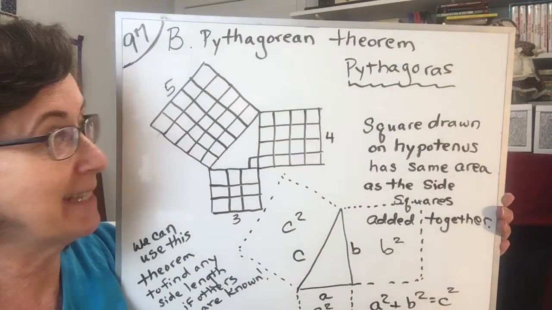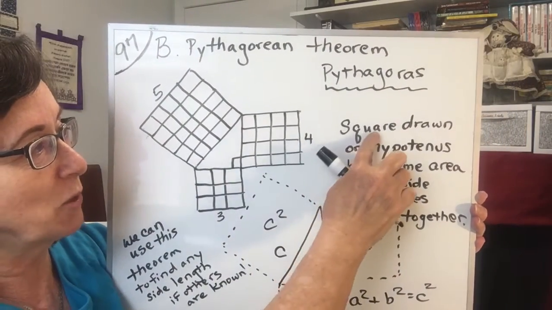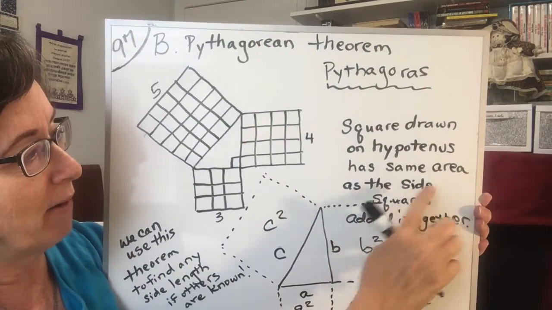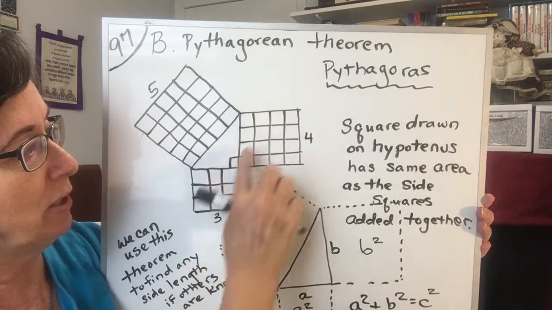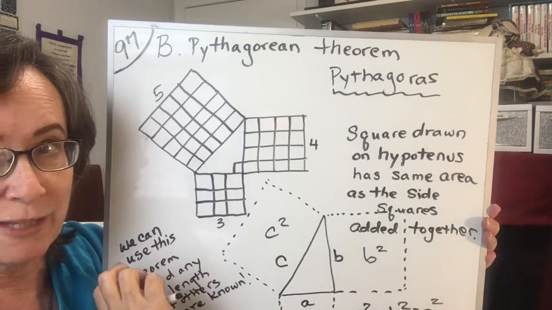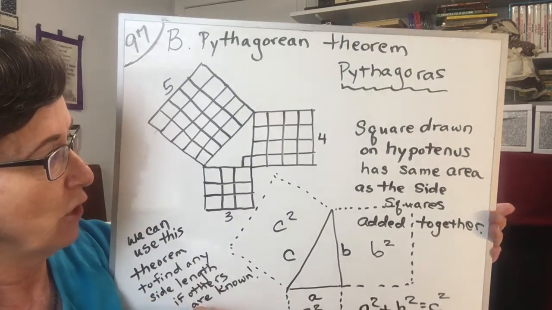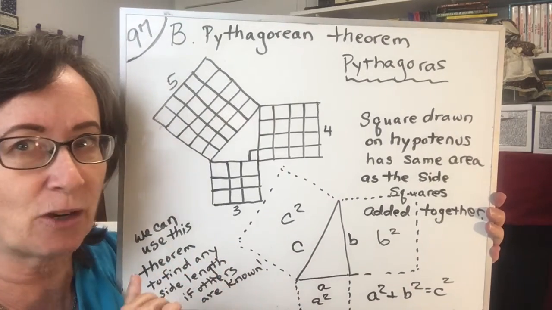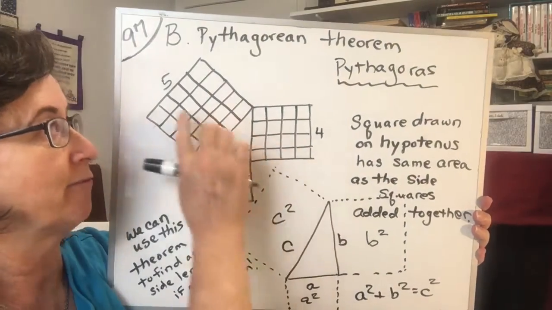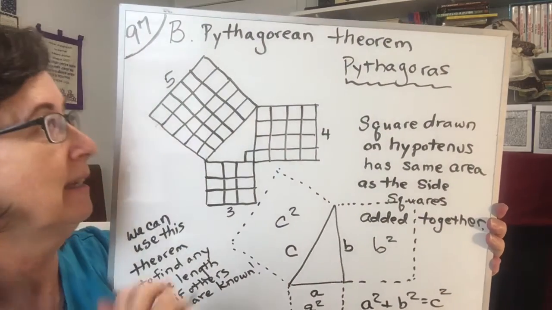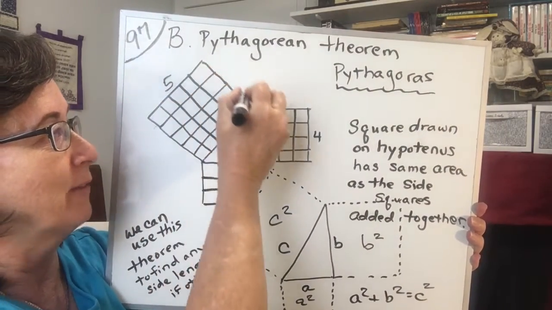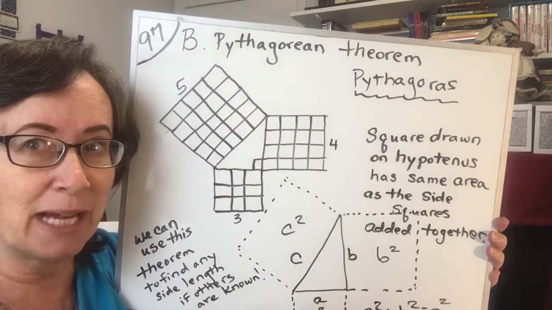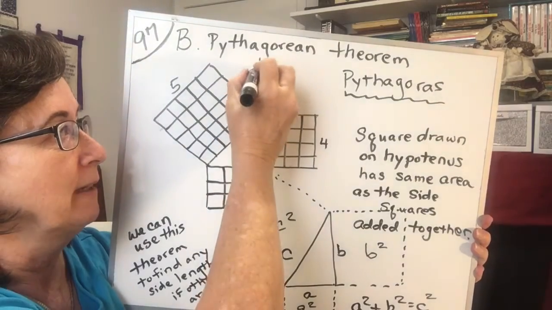And here's his theorem. He said that the square drawn on the hypotenuse has the same area as these two side squares added together. So if we took a very famous right triangle, 3, 4, 5, and tried it, we know that if we have 5 on this side and 5 on that side, then the square is going to be 5 times 5, or 25.